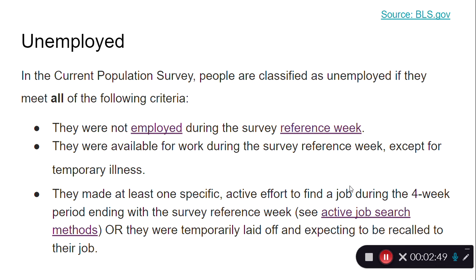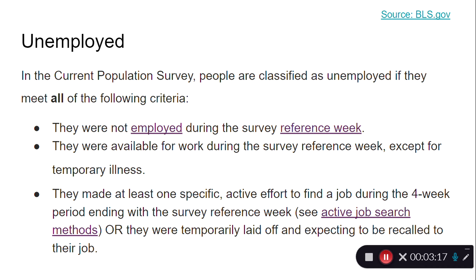And finally, or almost finally, unemployed. So unemployed are people who are not employed during the survey week. The way the Bureau of Labor Statistics gets their data is they have a big pool of numbers, and they rotate through those phone numbers, calling people to ask them about their current situation. It's a polling technique just like presidential approval.